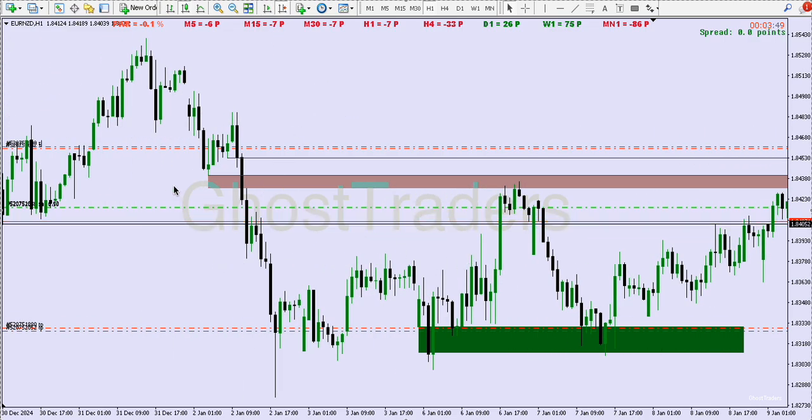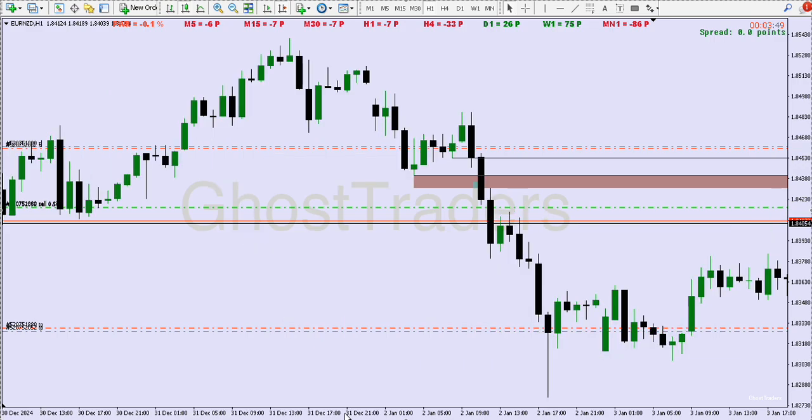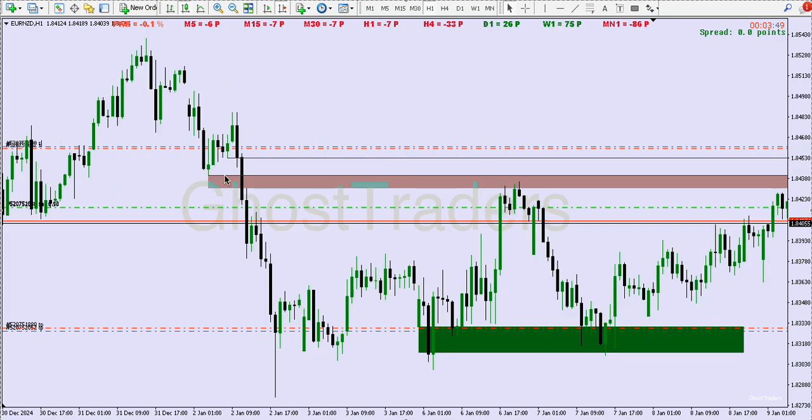If you look on 1 hour time frame, you can see that we have this fair value gap here. Let me indicate that fair value gap. So we have this fair value gap here.